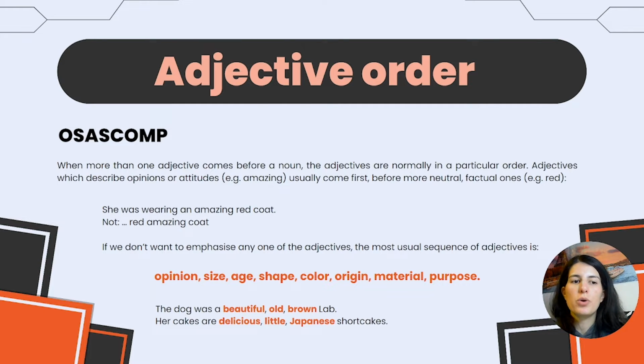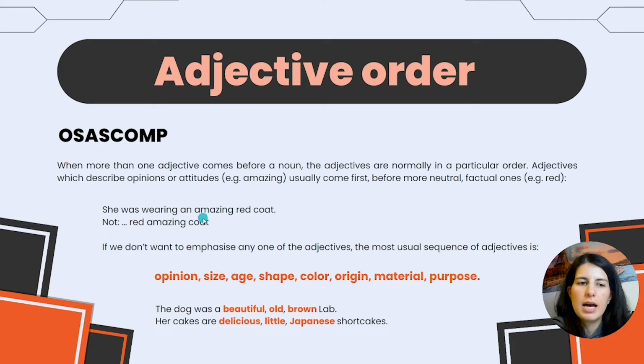Adjectives which describe opinions or attitudes, for example, amazing, incredible, usually come first, before the more neutral, factual ones, for example, colors like red, blue, or black. Here's a great example of that. She was wearing an amazing red coat.